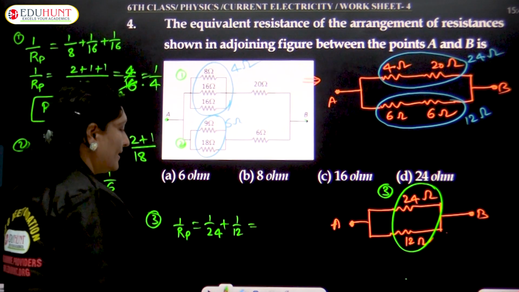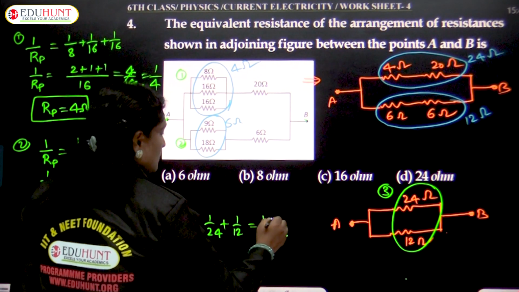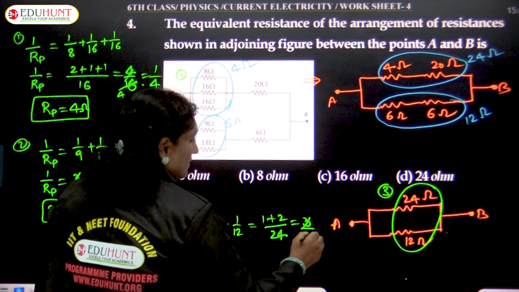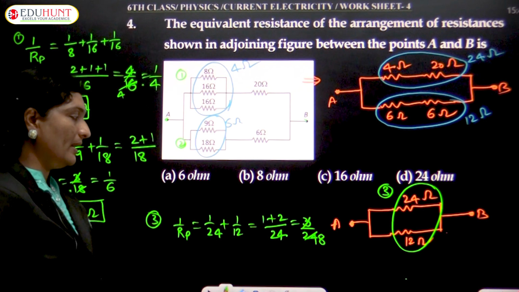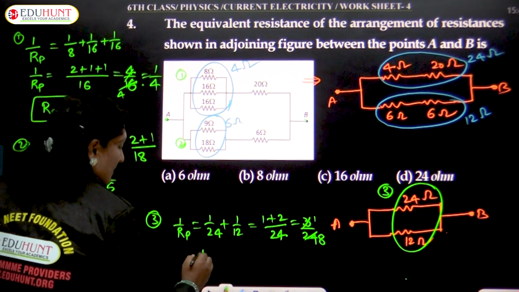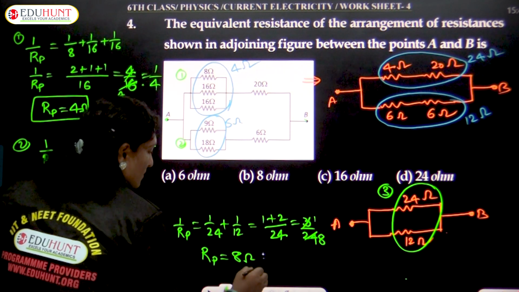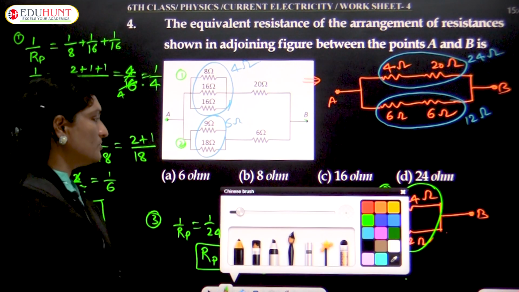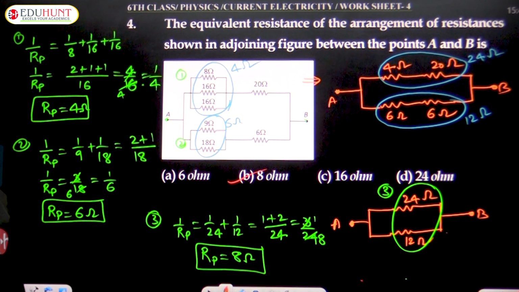Here we can simplify as LCM is 24, this goes 1 time and here 12 goes 2 times. So 3 upon 24, 3 goes 8 times. So we found that 1 by Rp is 1 by 8. If 1 by Rp is 1 by 8, then Rp must be equal to the reciprocal of that, which is 8 ohms. Hence, the final answer for this is found to be 8 ohms, and hence option B must be true.